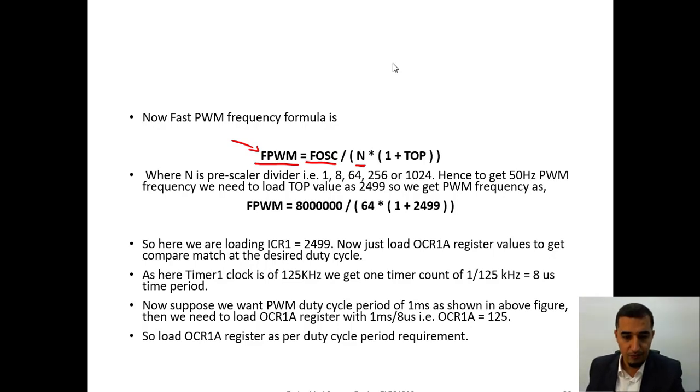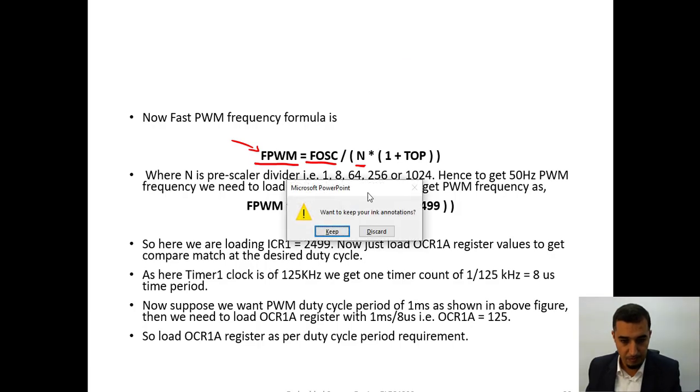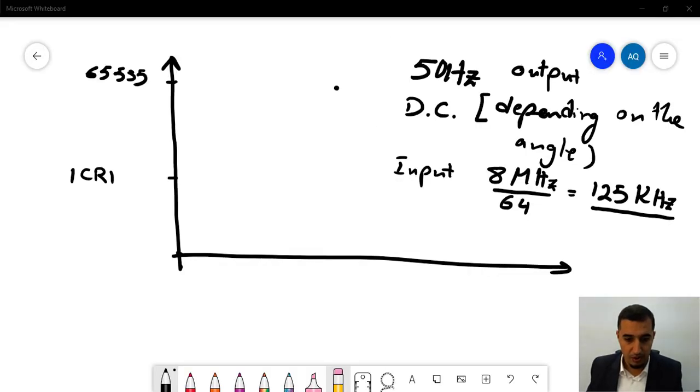So in other words, I'm going to show you here.